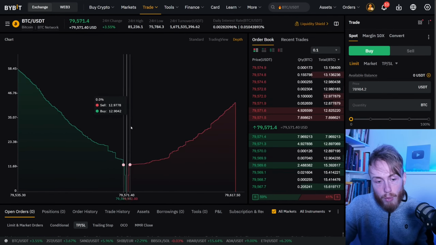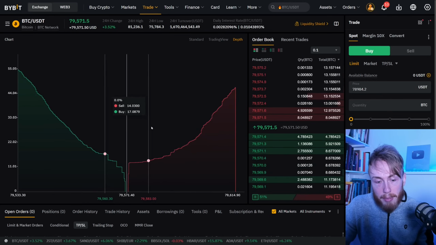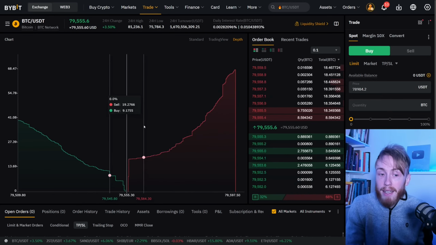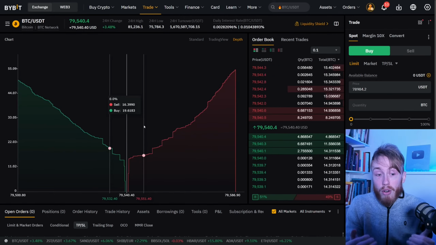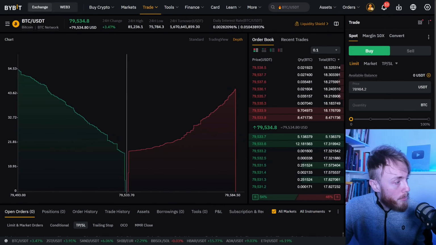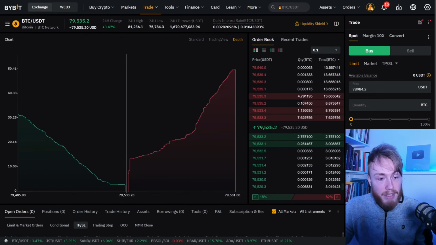Well, when you scroll in the depth of market, you can see different price levels, and you can also see how many buy and sell orders are on these different levels. So hopefully you can see that on some parts, the market is moving very fast right now, so it's hard to even explain this.